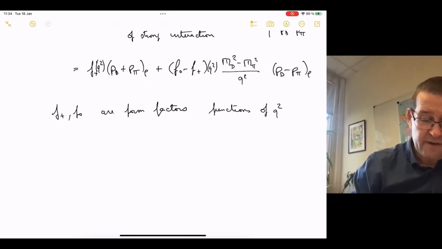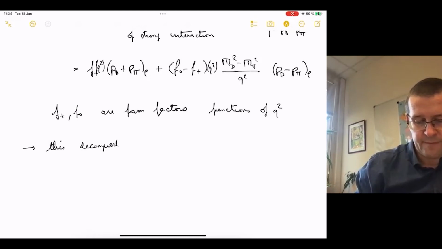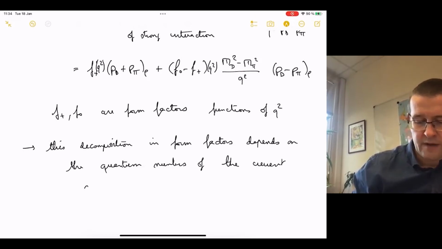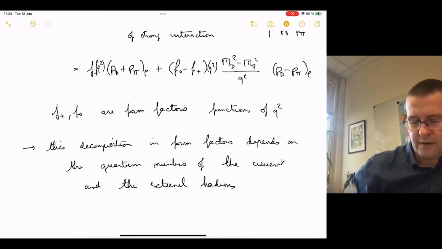So this decomposition in form factors depends on the quantum numbers of the current and the external hadrons.